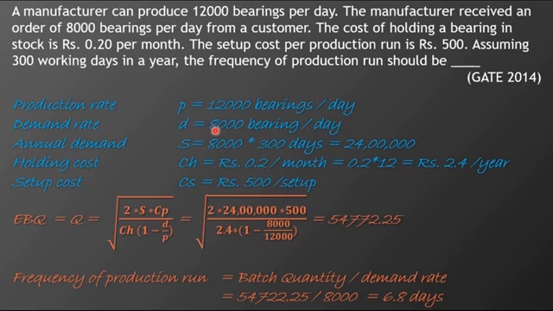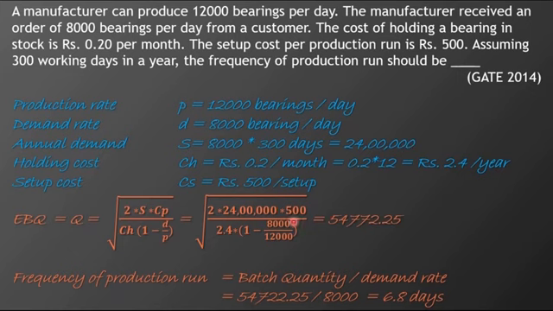So in this way we can solve various examples of the manufacturing model, and in the majority of examples, either the economic batch quantity, the frequency of production run, or the total number of production runs in a year is asked. That we will get by dividing the annual demand of 24 lakh by the batch quantity, which gives the total number of setups, or production runs in a year.